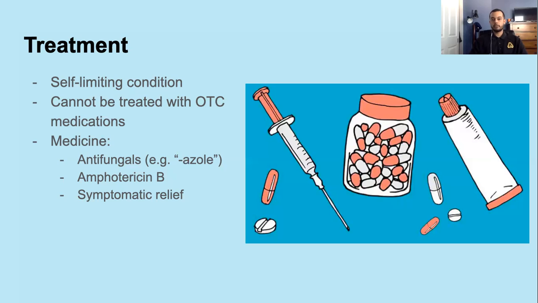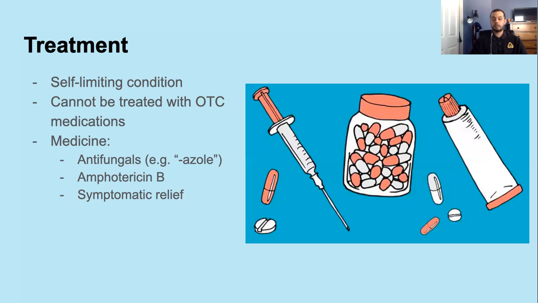Medical treatment includes antifungals, medications that end in azole, amphotericin B, and also providing for symptomatic relief. So antifungals that end in azole, these would be your fluconazole or your ketoconazole. Side effects with these medications include nausea, vomiting, diarrhea. These are just things to keep in mind if you are prescribed this medication.